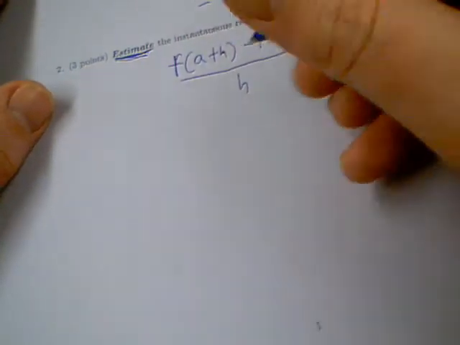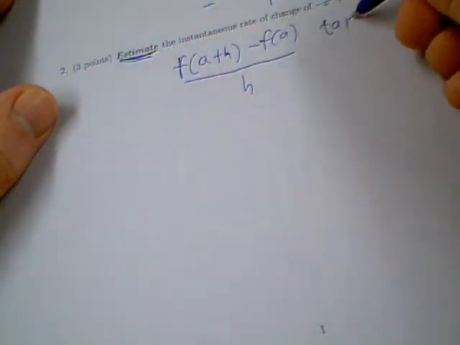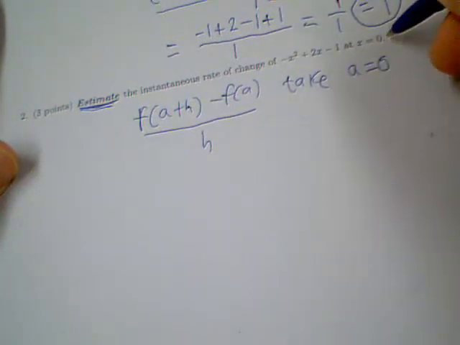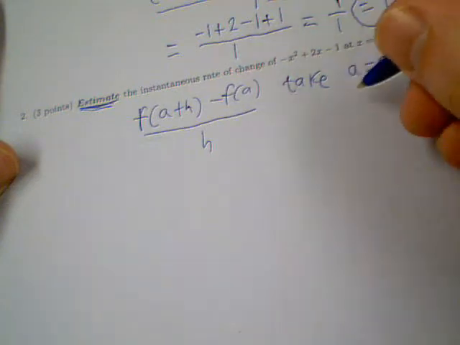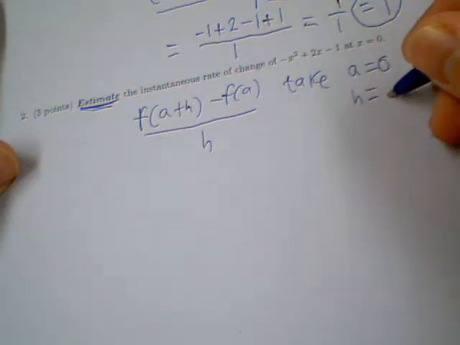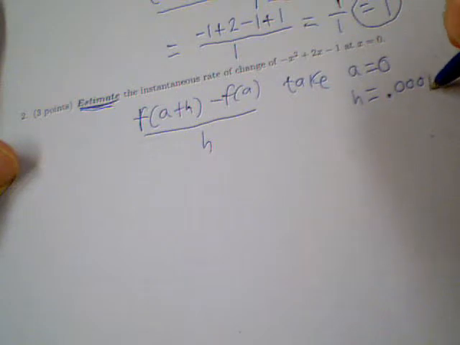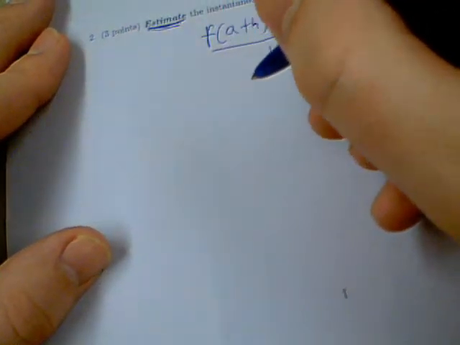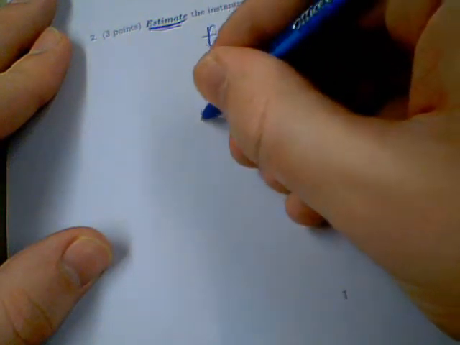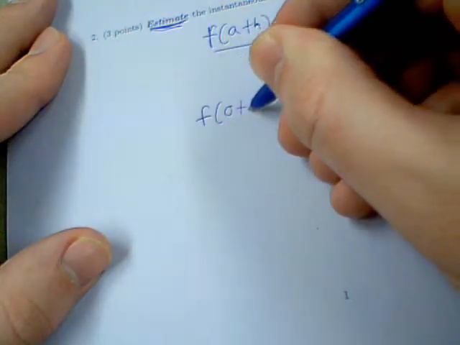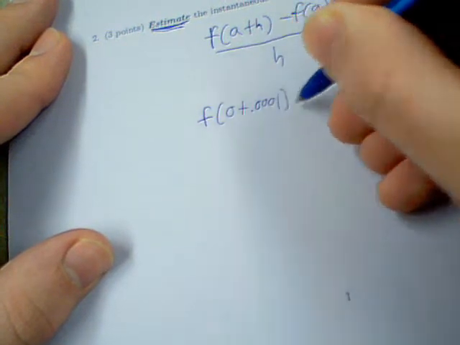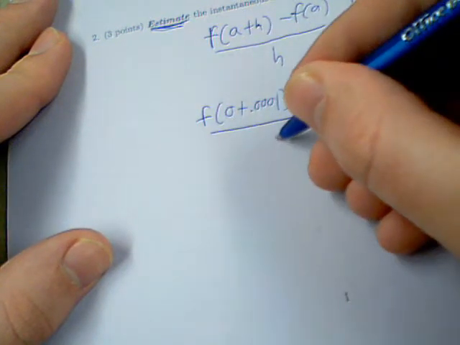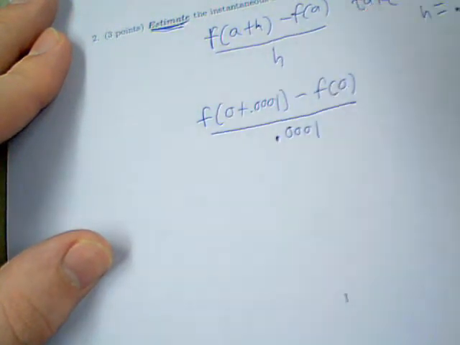So in this case, we're given, looking at x equals 0, so a is going to be 0, and h is going to be, let's say, 0.0001. Okay. Now, plug that in, get f of 0 plus 0.0001 minus f of 0 over 0.0001.